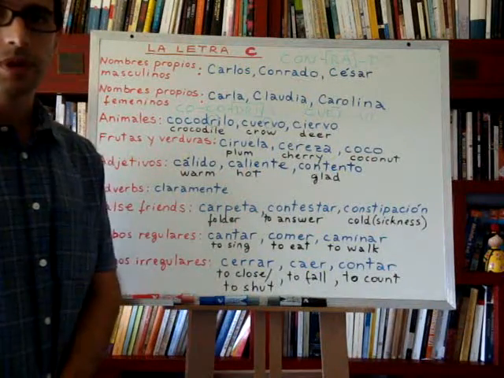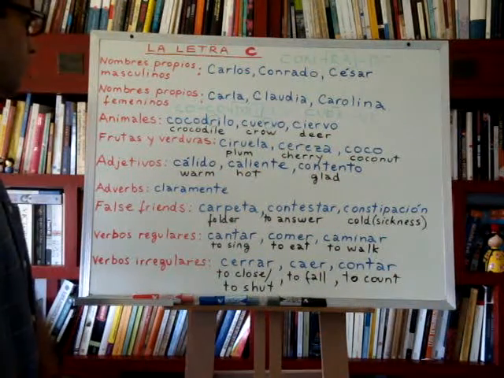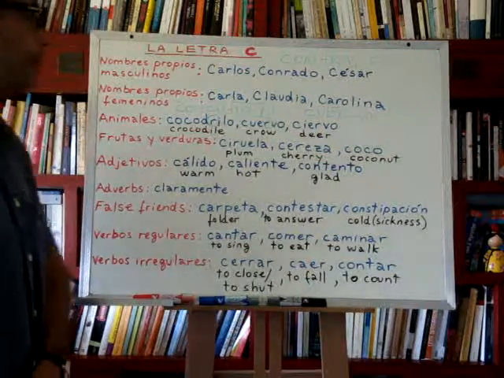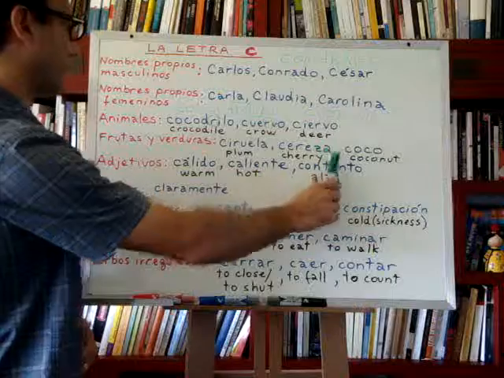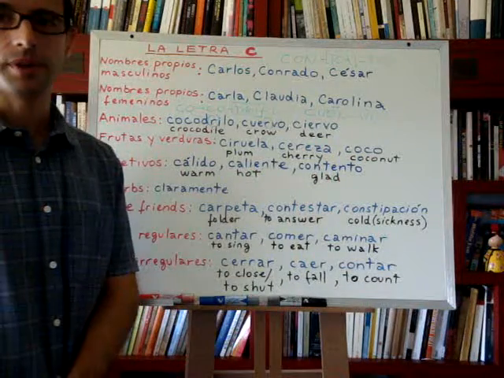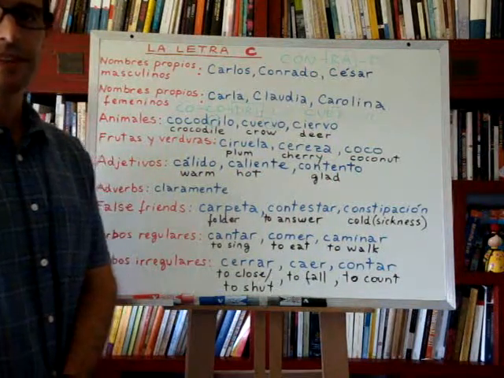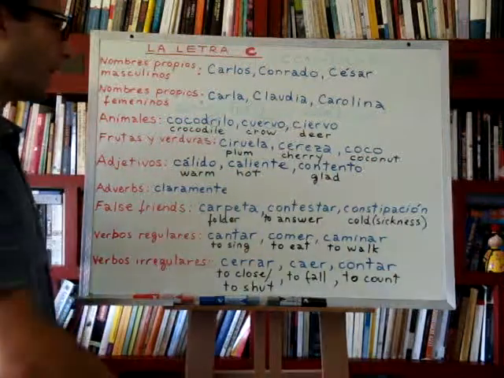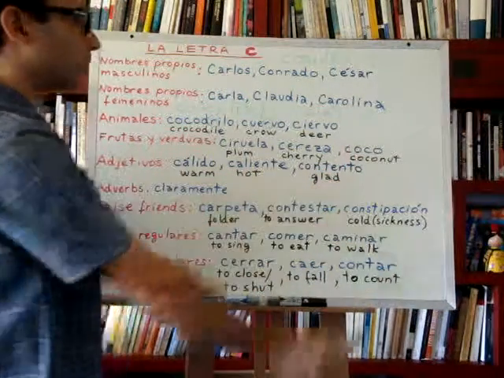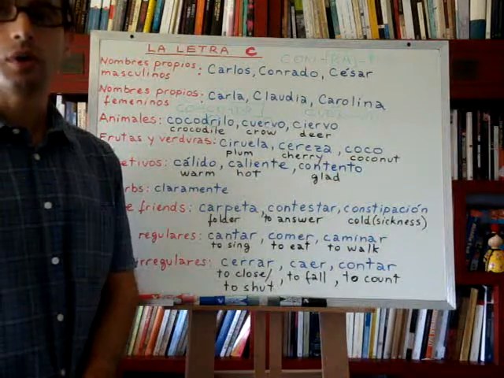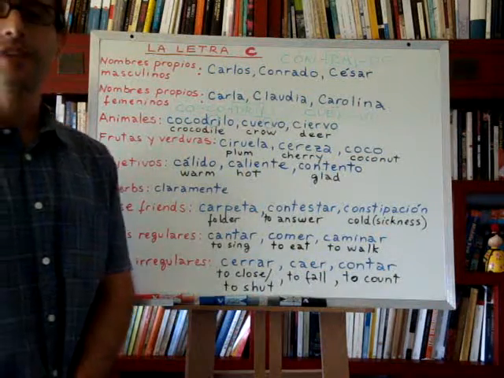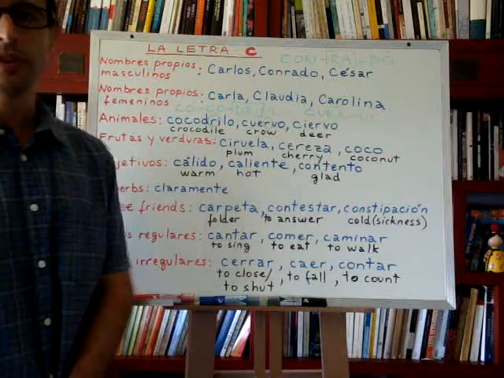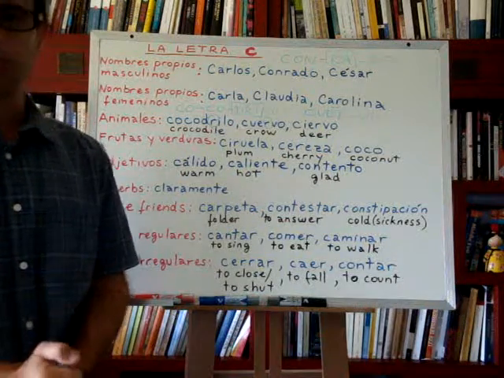Ciruela is a plum. We have cereza, a cherry, okay? And we have coco. Coco is a coconut, right? So we have ciruela, cereza, coco. These 3 fruits that begin with the letter C.